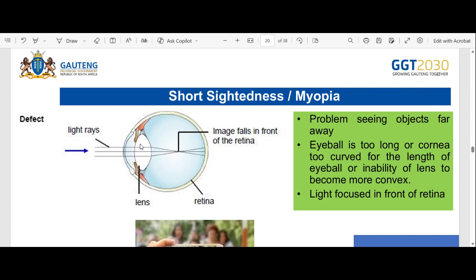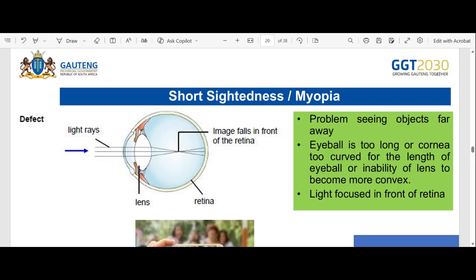What causes that is that your lens fails to become less convex. So your lens is always more convex. Does that make sense? It's failing to become less convex, and your eyeball, as you can see, is longer than normal. When your eyeball is longer than normal, it causes the light to focus in front of your retina.